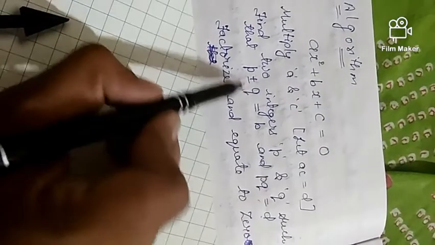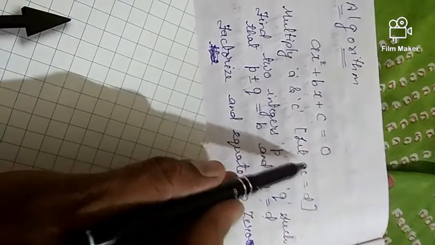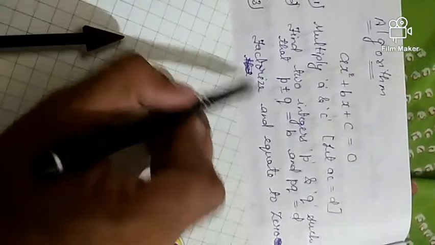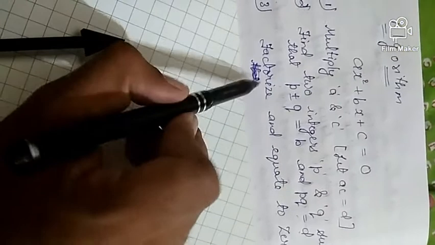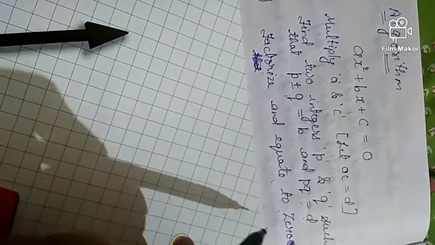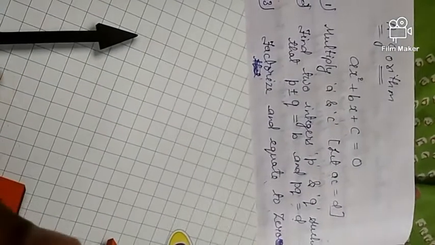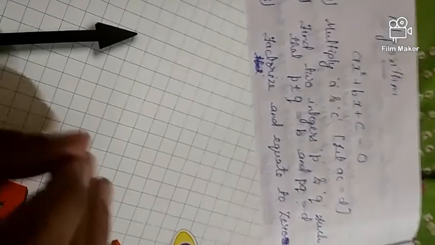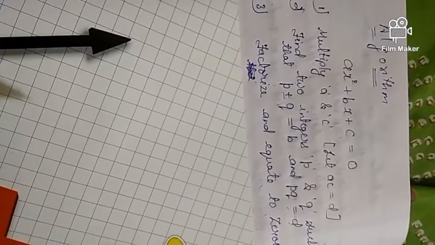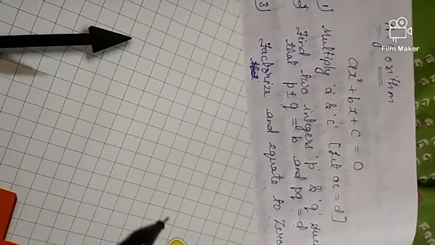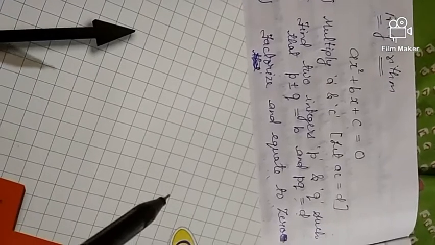That means the product should be equal to the product of a and c. Now after doing these two steps we will get the factors, and we equate these factors to 0 to obtain the solutions. Okay, it is similar to the factorization technique that you used in the polynomial chapter to find the zeros of a quadratic polynomial.